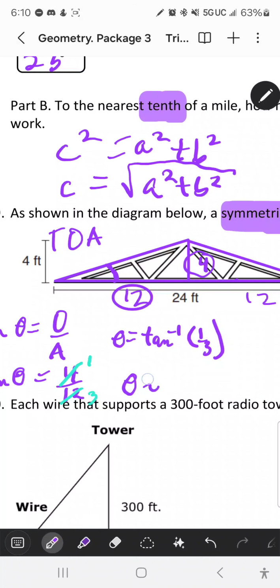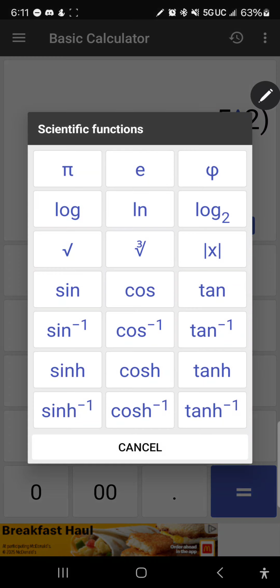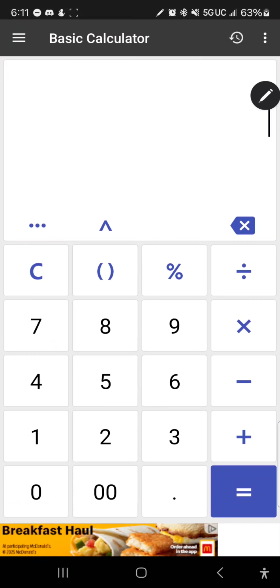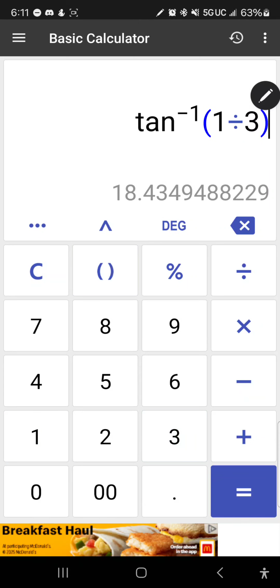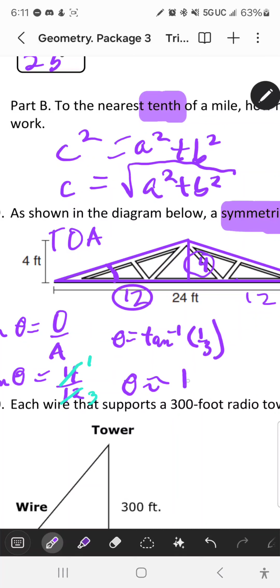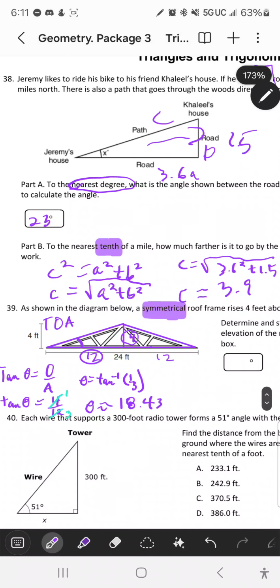So the angle will be approximately, go here, tangent, oops, tangent to negative 1 of 1 over 3. It's approximately 18.43, not 18.48. Yeah, 18.43.